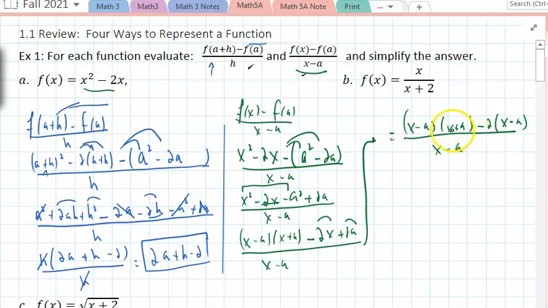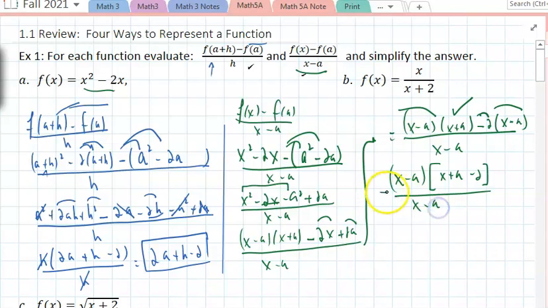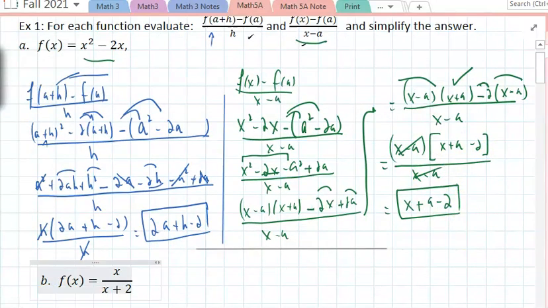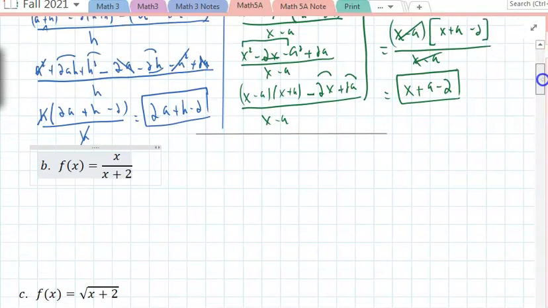Now, if I factor x minus a out, I will have from this piece x plus a, and from this term a minus 2. And I notice that those two cancel out and I'm left with x plus a minus 2. Okay, the spacing was a bit off, so I underestimated how much space that needs.